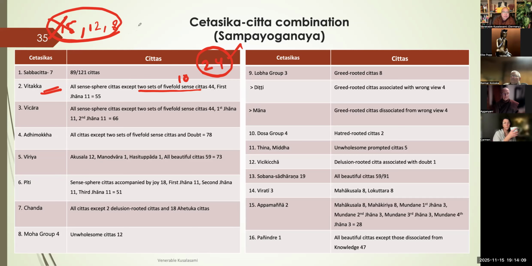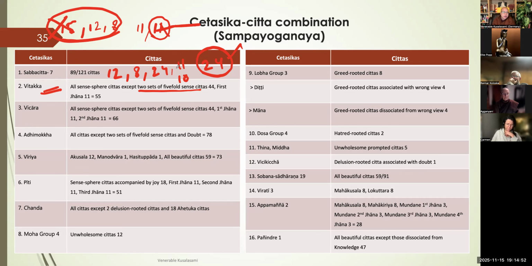First jhana 11, you see there is a Vitaka. Second jhana 11, no, not more than that. So 12 akusala, and out of the 18 rootless consciousness exclude the 10, so then 8, and 24 and first jhana. These are the consciousness accompanied by the Vitaka. In this way, it is not very difficult.